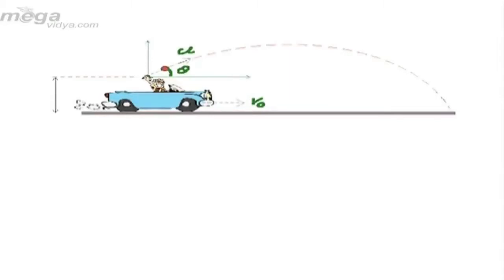The height from where the ball was released is h. We take our reference frame as the xy coordinate system such that the positive x direction indicates the direction of motion of the car and the positive y direction is vertically upward.